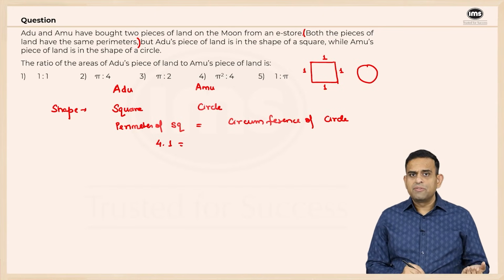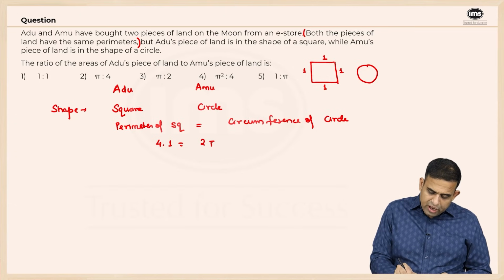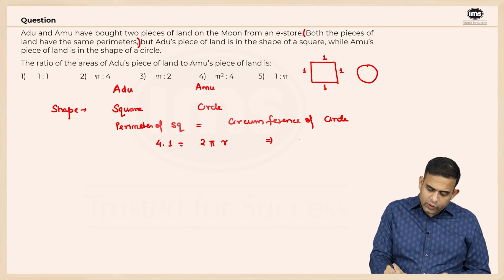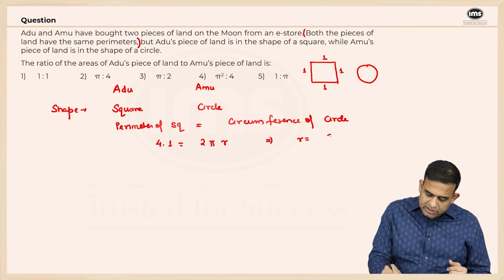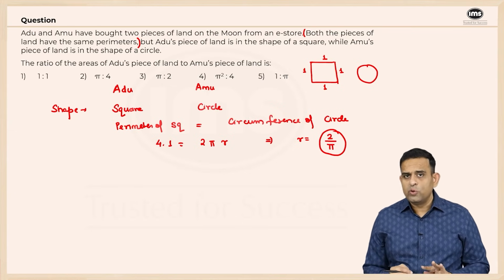And what about the circumference of a circle? The formula is 2 pi r. So 2 pi r is what I want to evaluate here. If you do the calculation, the value of r will be equal to 4 by 2 pi, or simply one can say 2 over pi. So we have got the value of r in terms of pi, 2 by pi.